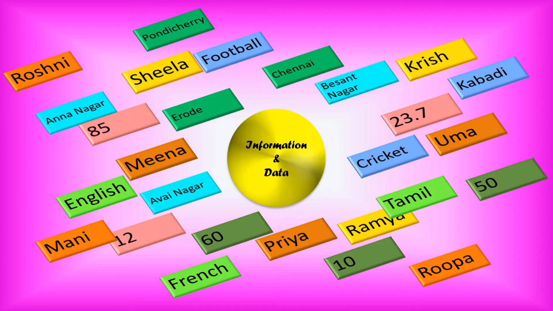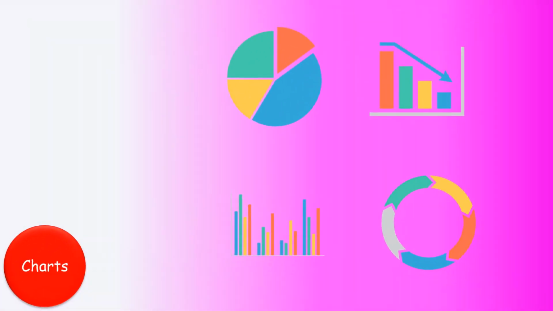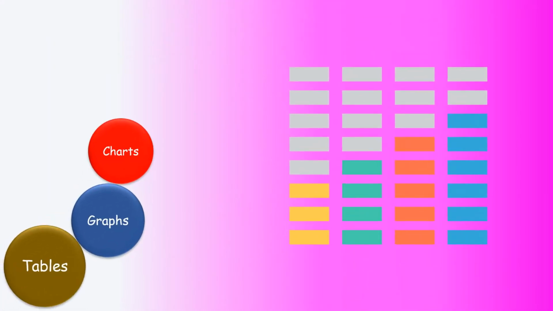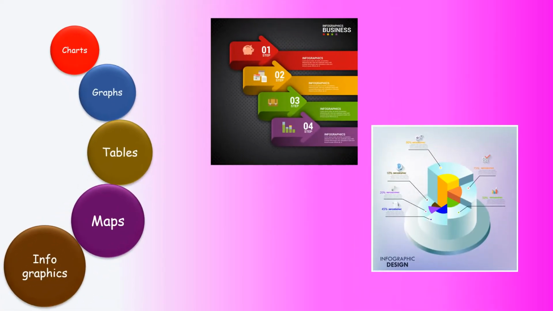Information and data can be visually represented in the form of charts, graphs, tables, maps, infographics, and dashboards.